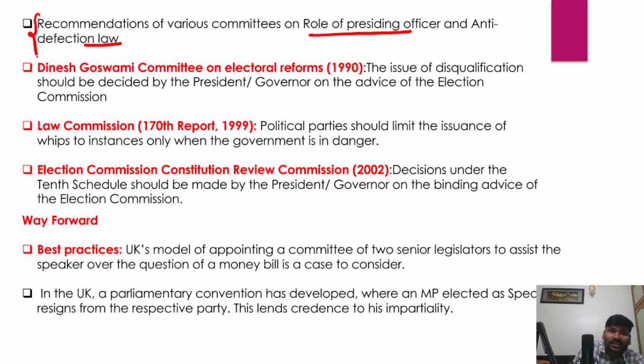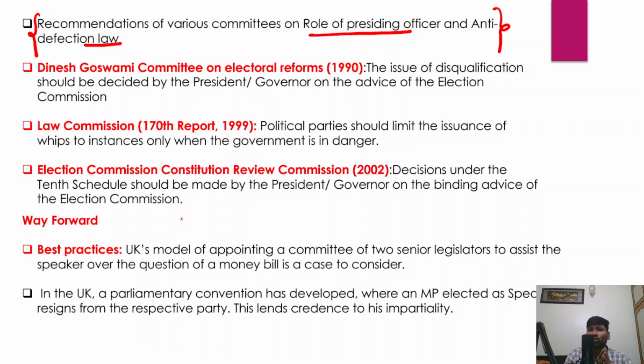So we'll try to understand the recommendations made by committees like the Dinesh Goswami Committee on Electoral Reforms 1990, Law Commission recommendations on the role of the presiding officer, and the Election Commission, Constitution Review Commission. So we'll try to understand what suggestions they have made for improving the office of the Speaker.